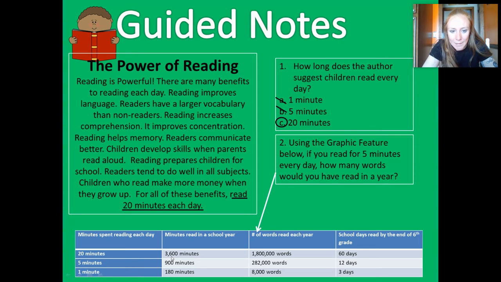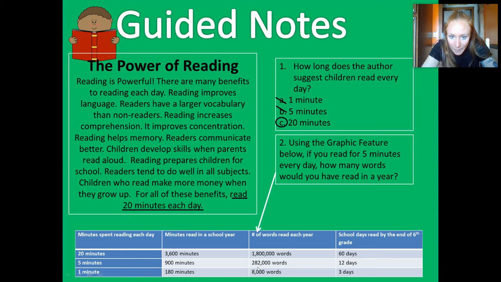If I go horizontally, left to right, the next column says minutes read each school year. But remember, we're looking for words. So we want to go to this column where my arrow is pointing. And we want to start at 20 minutes, 5 minutes, or 1 minute. We want to be at 5 minutes. We want to be in the middle.